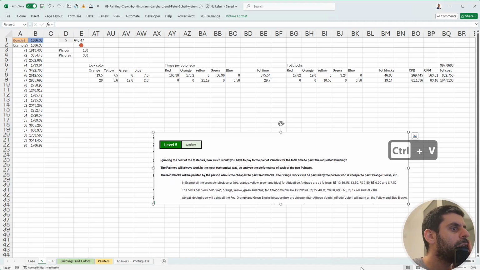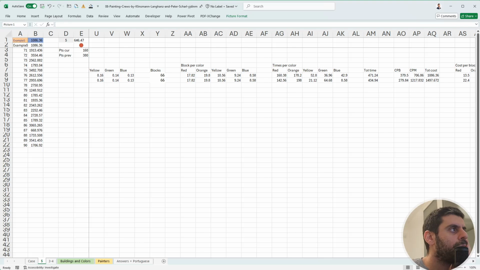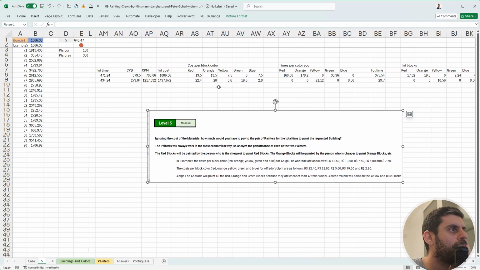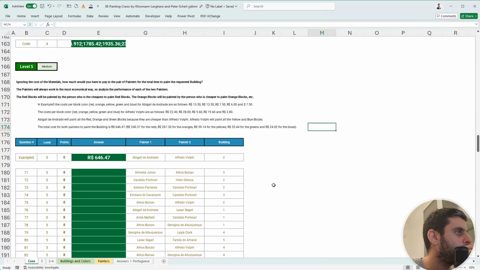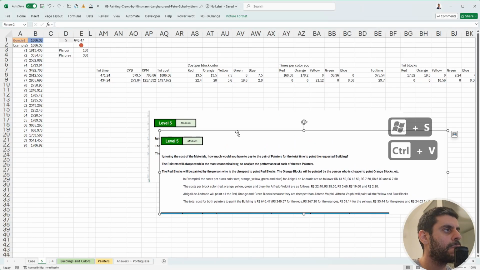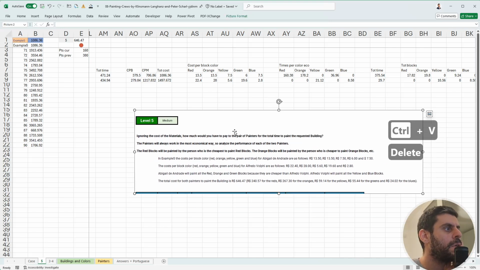Uh-oh. So 2240, okay. So the cost for both painters to paint the building is 24057 for the reds.